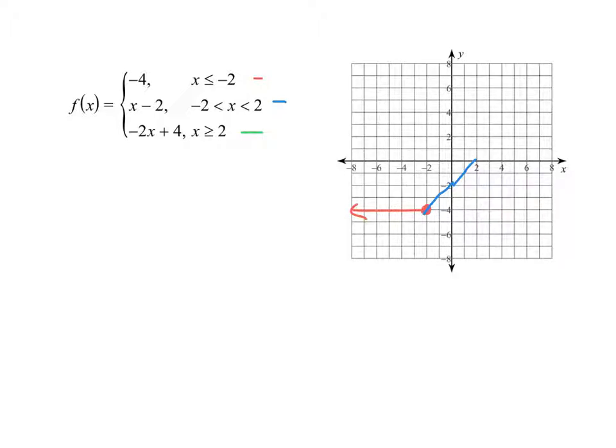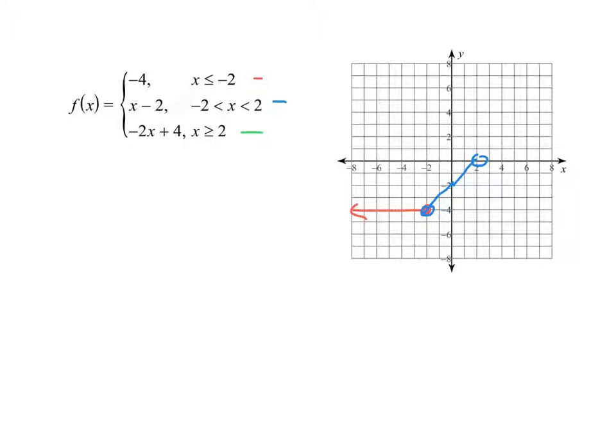What I would normally do is leave an open circle there, but the red circle actually fills it in. Now that's good, because it doesn't violate any rules about functions. It actually just connects nicely there. All right, next end of that, I have to do an open circle at the point 2, 0. See if I can get that a little bit better right onto 2, 0. There we go. And that's where we are for now.